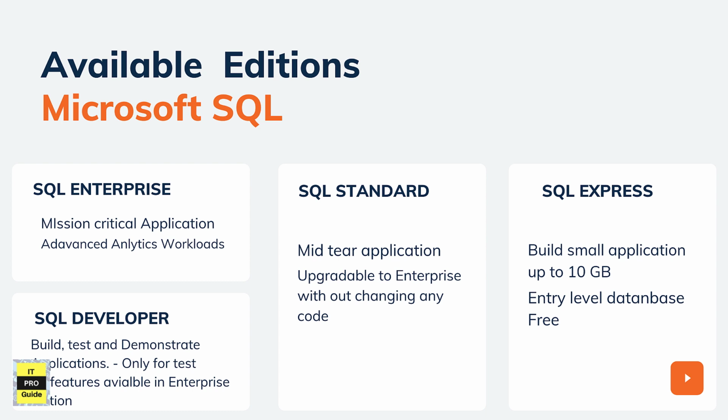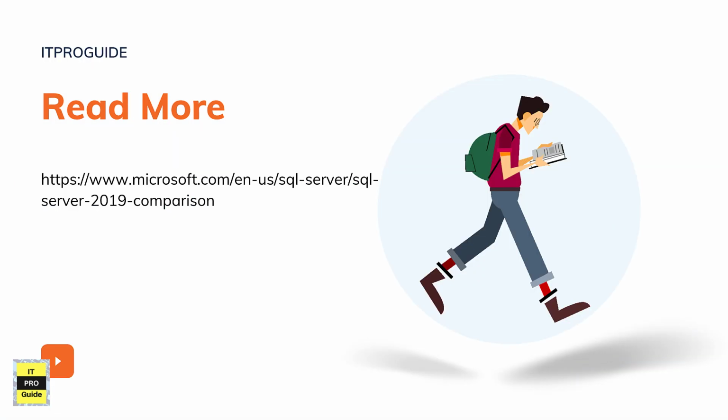And if you're interested to know more in detail about all these versions, the comparisons, and the other details, then I prefer you to read the documentation from Microsoft, because if you are going to purchase one of these versions for your organization, then you should know what you will get and how you need to license it, right? So I really recommend you to go and read this documentation. Then you will get all the information related to the comparison of these versions.